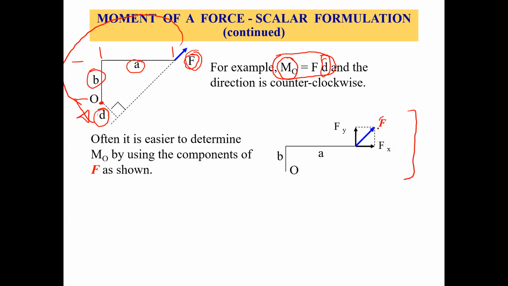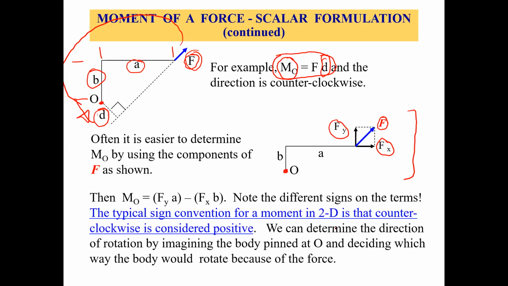So the same thing is going on here. This was force F. First we resolve this force F into F sub x and F sub y, the x and y components of force F. Now we want to find the moment at point O, so M sub O. How do you find M sub O? We need to add the moments of F sub x and F sub y, the x and y components.